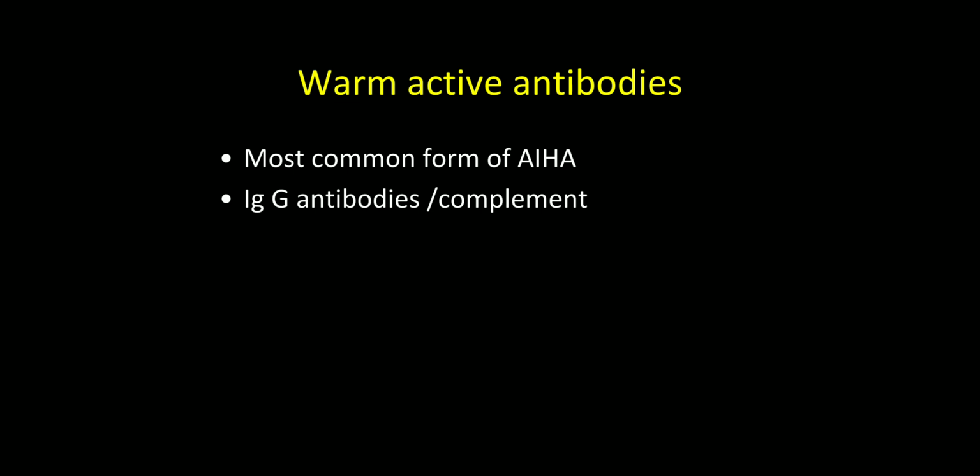The net effect is attack of that antigen and removal of that thing from our body. So that is the complement system. So the warm active antibodies can be IgG antibody or that complement. Okay, that is a chemical. It's a chemical in our body.